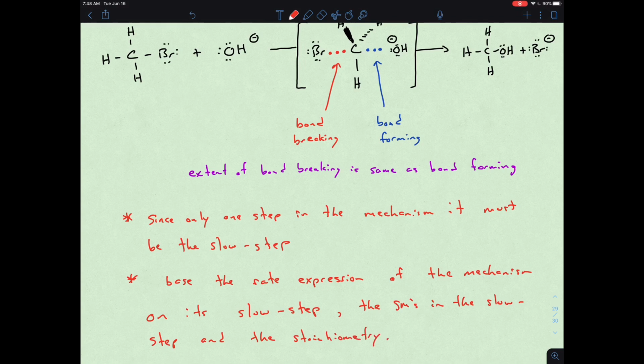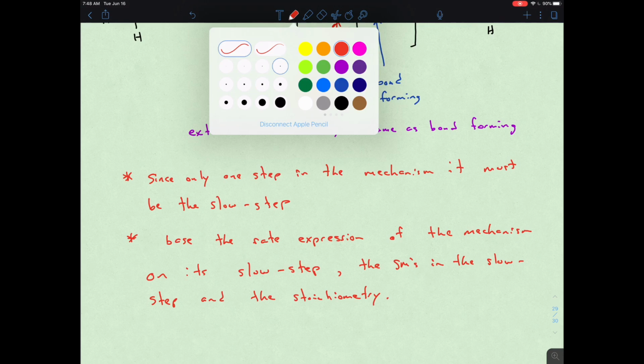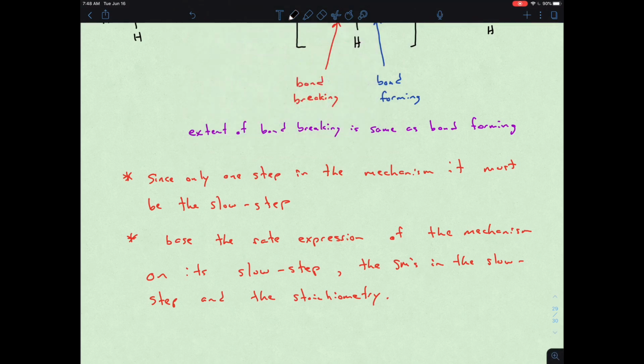So if we look at the very top, we have both the starting materials. They're 1-to-1. And from this, we develop our rate expression is equal to little k times the concentration of CH3Br to the first order times hydroxide to the first order.